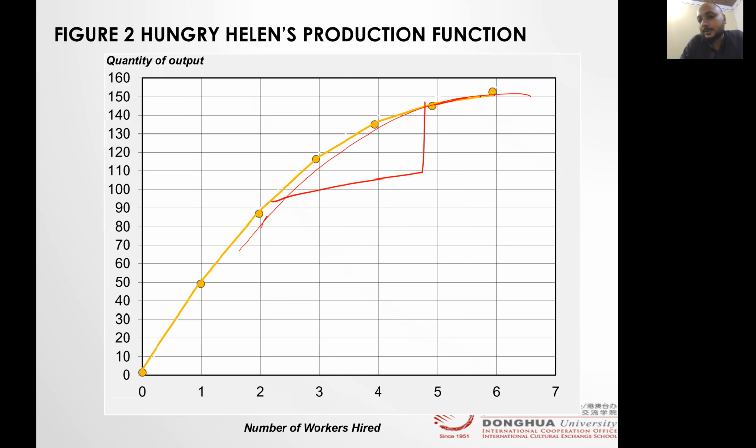From here the marginal product declines, and that means the marginal product is going to be 0 from here, because the additional worker is not producing anything and total production will be the same at 155. That's it. All right.